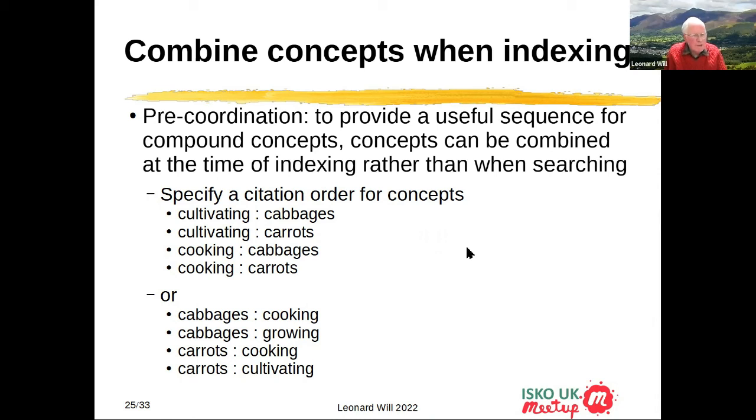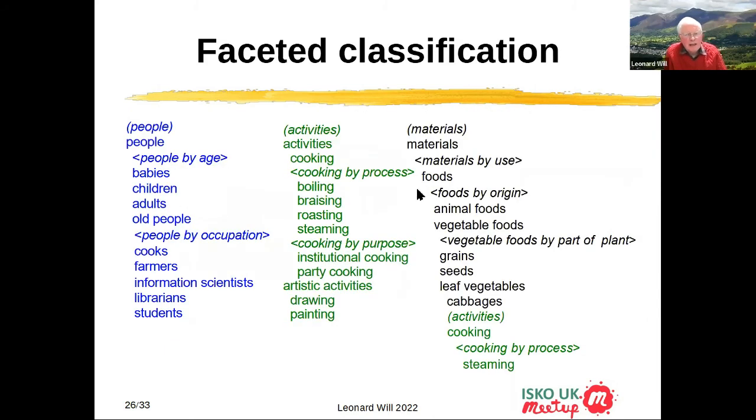You've got physics or art or education or something, and then you have within that the things that may be indexed, maybe educated or maybe drawn. So you'd have to decide on the citation order if you're going to have compounds of that kind. And in that case, you can show how compounds would be displayed and combined in a faceted classification.